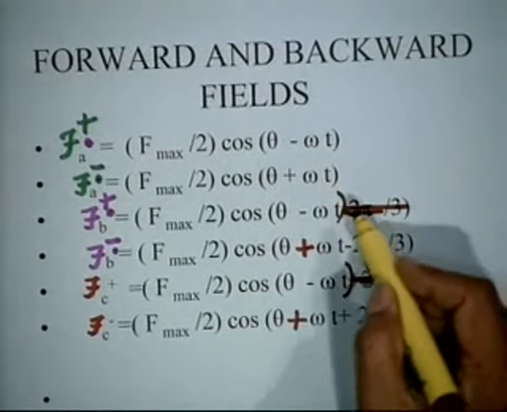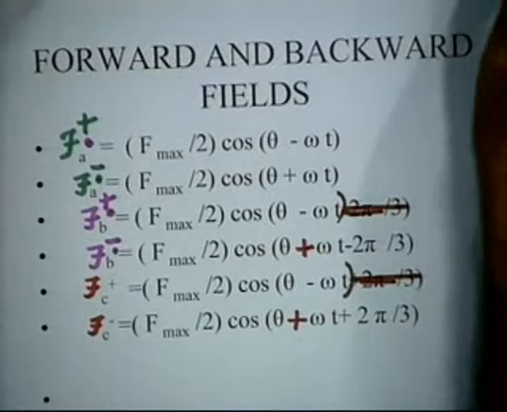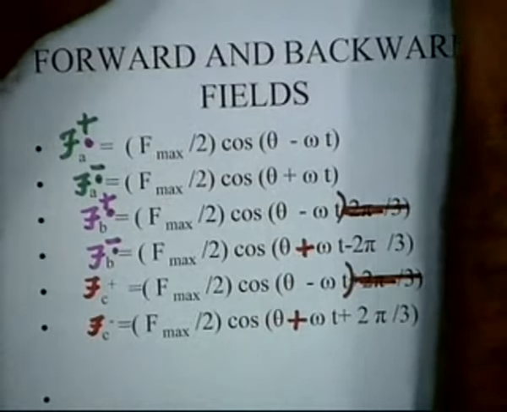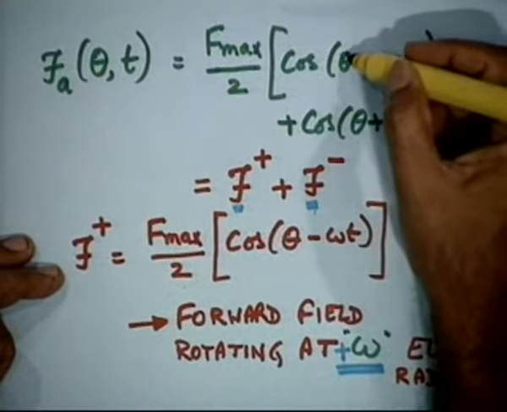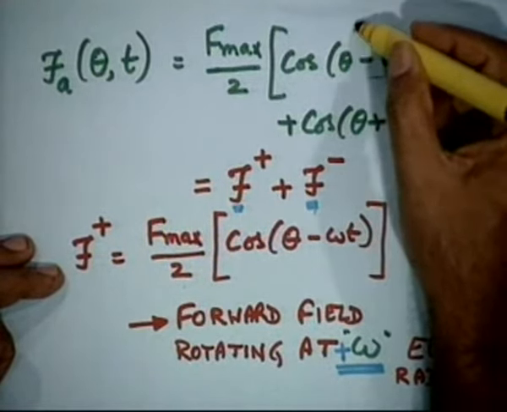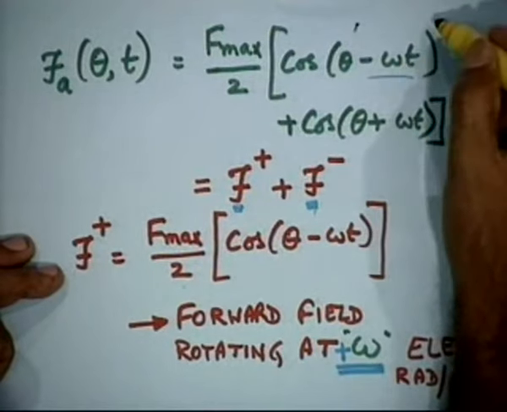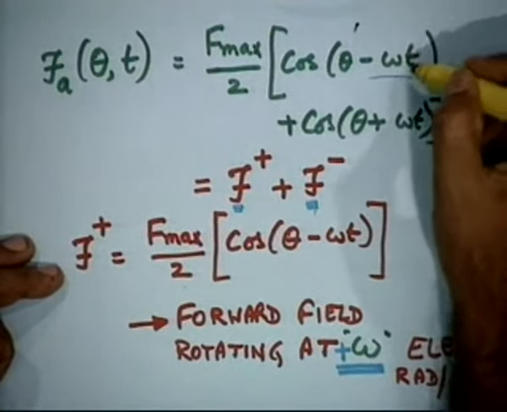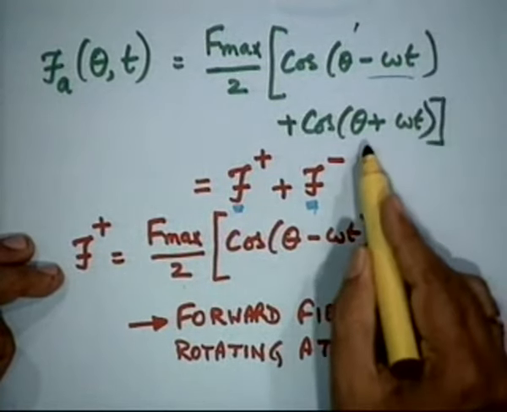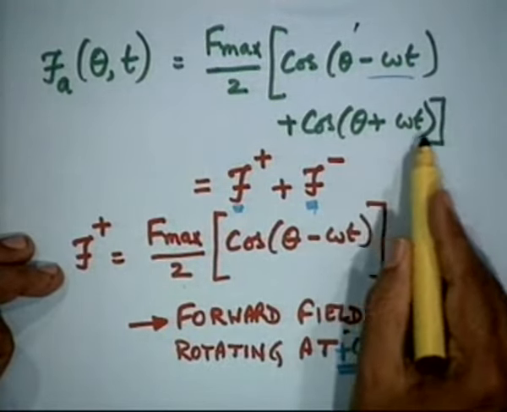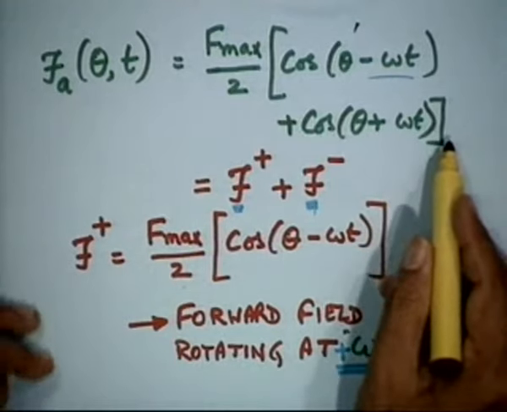I think you can work it out, because we have the basic method of resolving that, as we said earlier, is like this. You write cos theta minus omega t and cos theta plus omega t. See, for B phase what will happen? It will be theta minus 2 pi by 3 and omega t minus 2 pi by 3. So, forward field will be that, minus minus cancel, it will still be theta minus omega t, but this will become theta plus omega t minus 4 pi by 3.